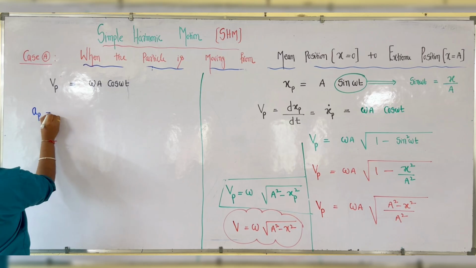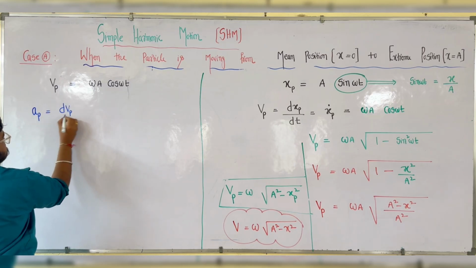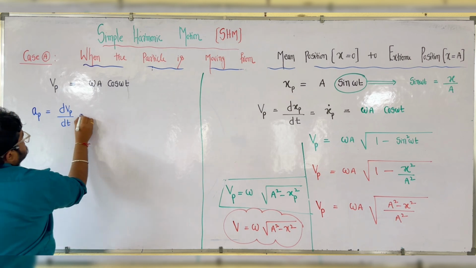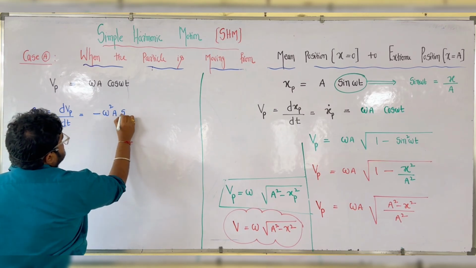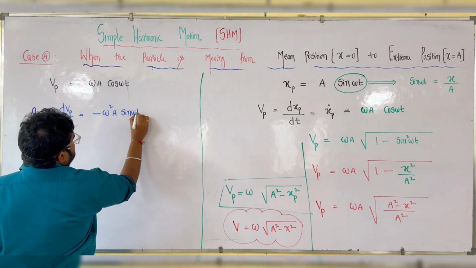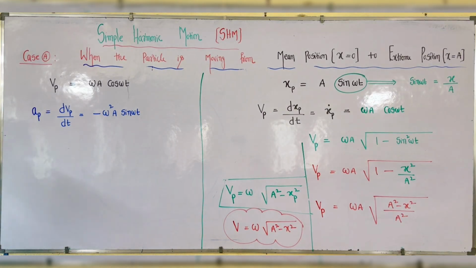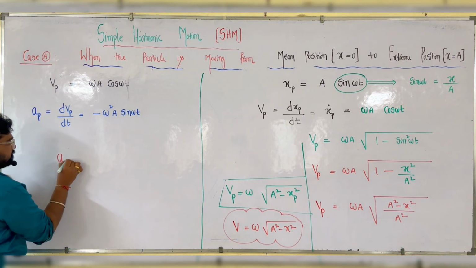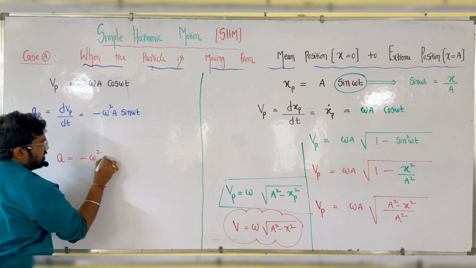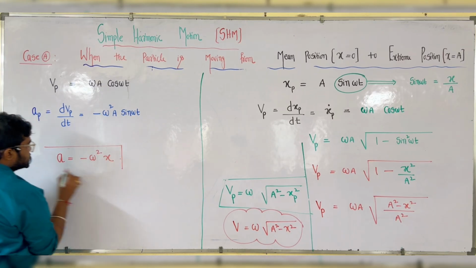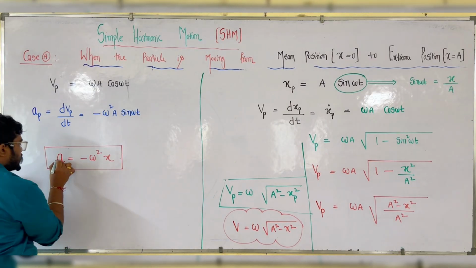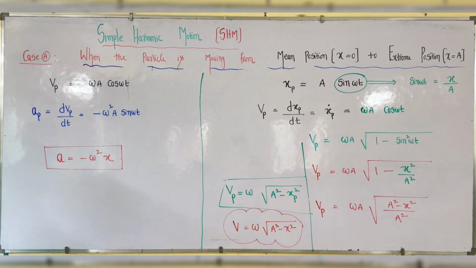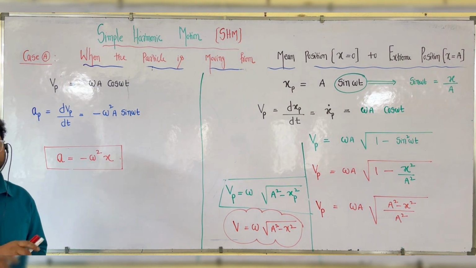Acceleration of the particle, the rate of change of velocity, is minus omega square into sin omega t. Here you can write acceleration equals minus omega square into x. Now we can write, completed.